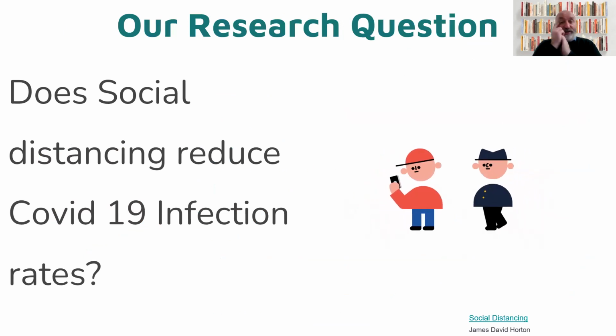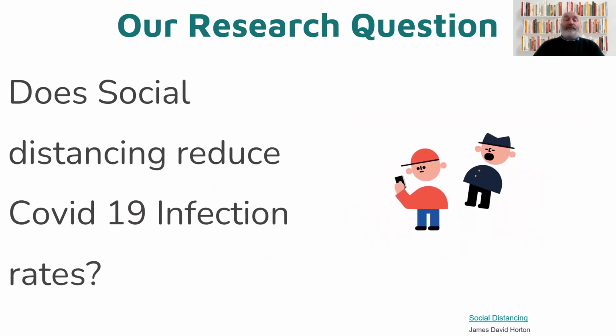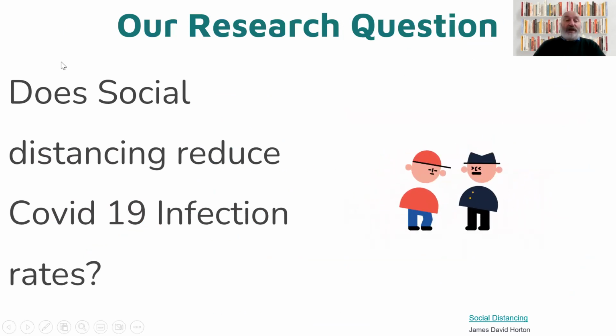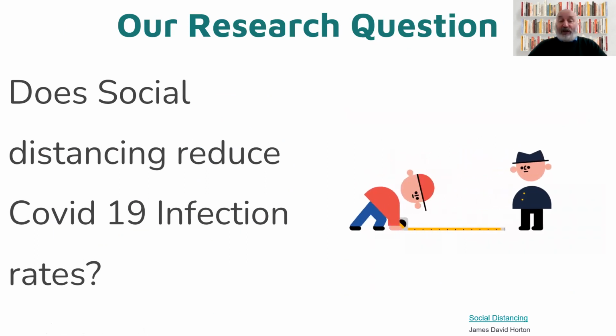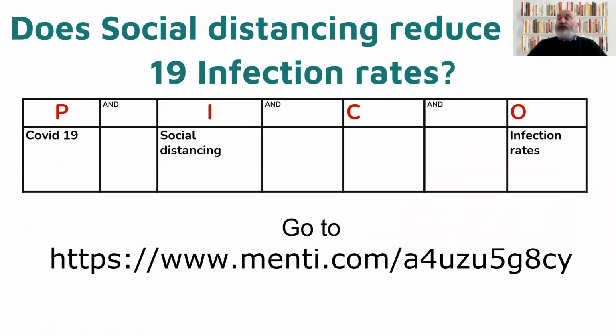So we're going to have a go. We're going to give you another chance to do a bit of work at home. So we've created this little question here. Does social distancing reduce COVID-19 infection rates? If we were to follow PICO, we have identified that our problem is COVID-19, the intervention is social distancing, and the outcome is infection rates.